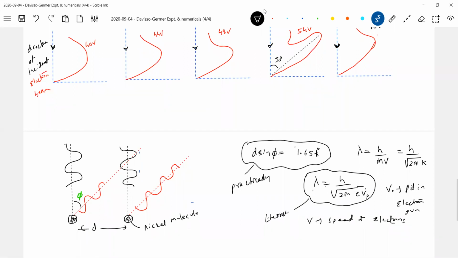How much will I get this λ as? This will be around 1.67 Angstroms for V naught equal to 54 volt. In the lab, when I measure it, I'll get 1.65 Angstroms.